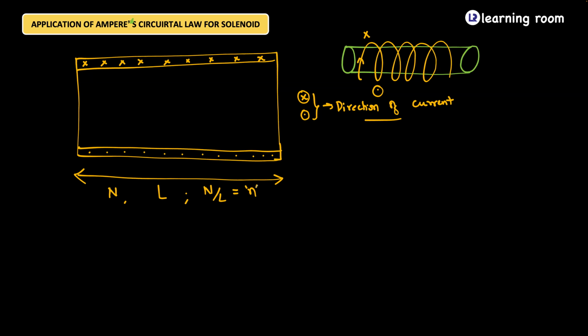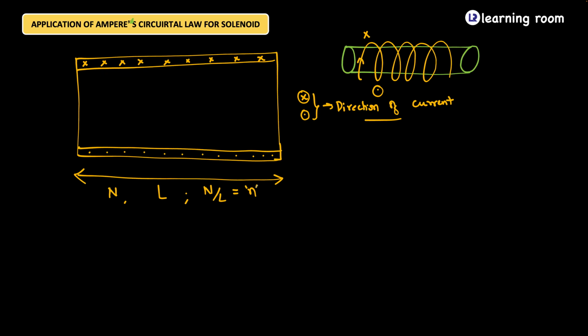Right. Now, if you see, what is it that we need to do? We need to apply Ampere's circuital law. So for Ampere's circuital law to be applied, I need to consider an Amperian loop symmetric with respect to the current distribution.